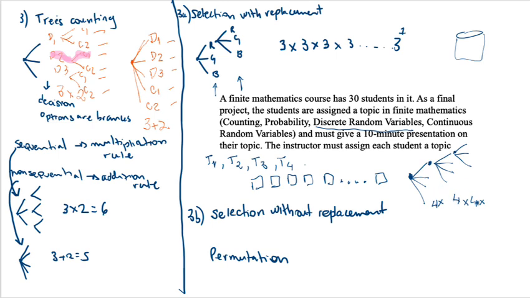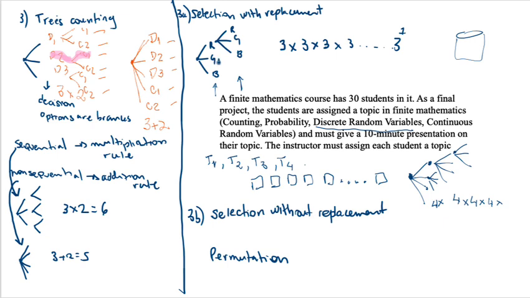These are subsequent events. I assign a theme to student 1, and then I ask student 2, and then I assign to student 3, and so on. I'm just doing this as a scratch.